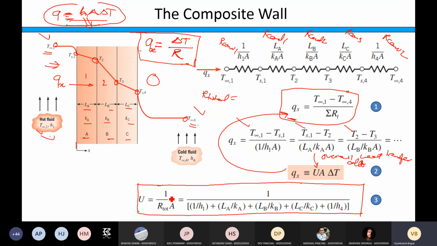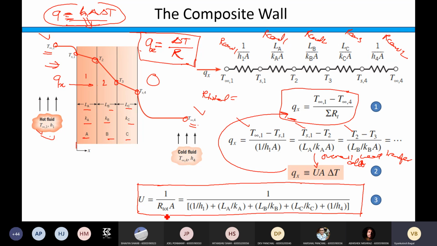I am simply writing Q is equal to UA delta T. So this delta T will go out here. When you compare these two, Qx, then UA will be equal to 1 upon summation RT, or R total, right? And then you can write what U, the overall heat transfer coefficient, is. It will be 1 upon R total into A.